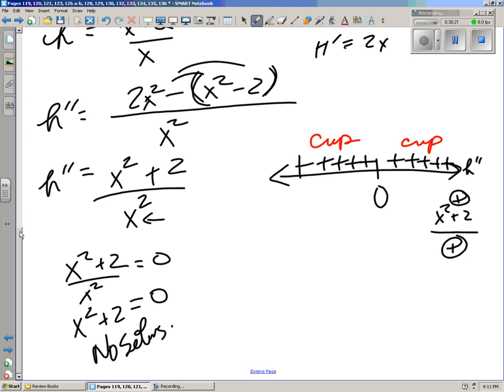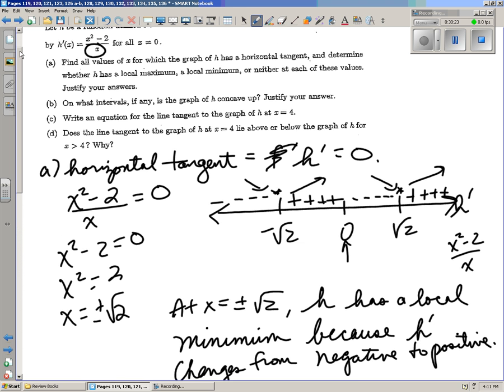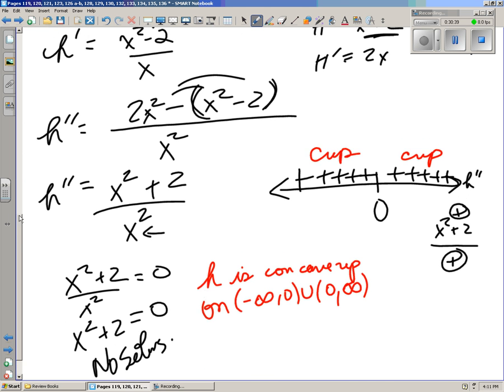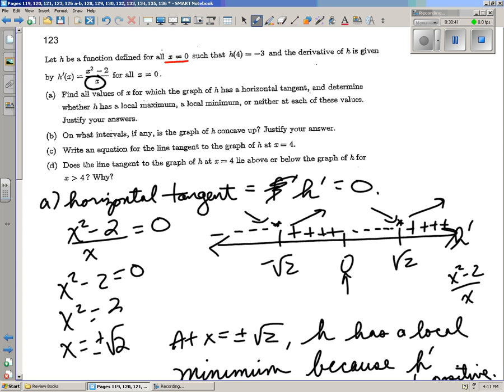So to write our answer carefully here, h is concave up on negative infinity to 0, union 0 to infinity. I'm skipping 0 because it is not in the domain of the function. So you need to skip it.